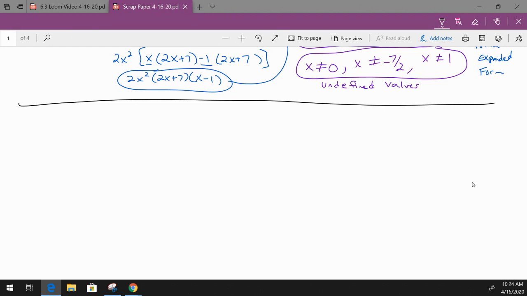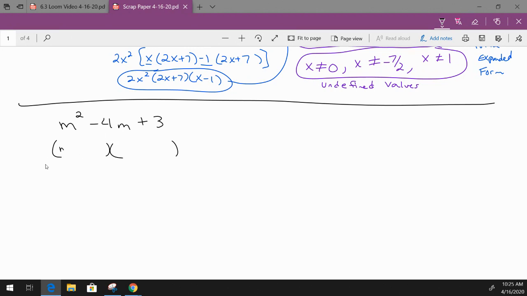So let's say you have a basic trinomial like m squared minus 4m plus 3. So we've factored things like this before. This is a basic trinomial, you're going to factor into 2 binomials.